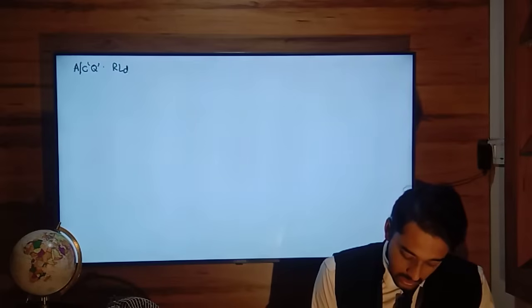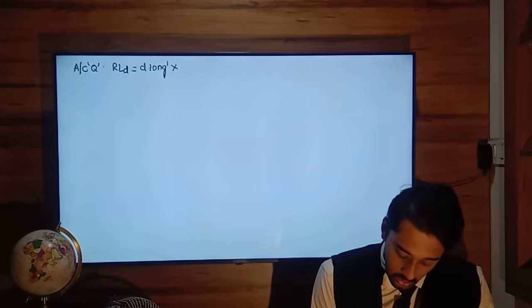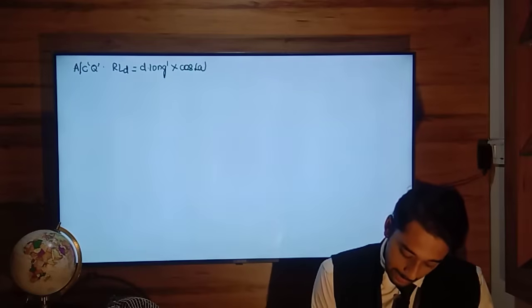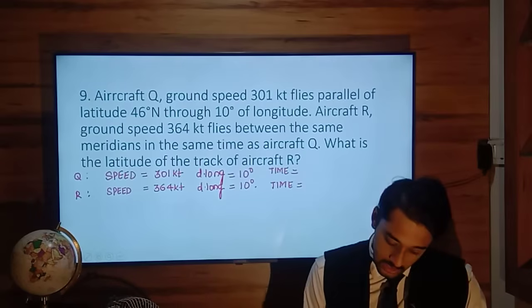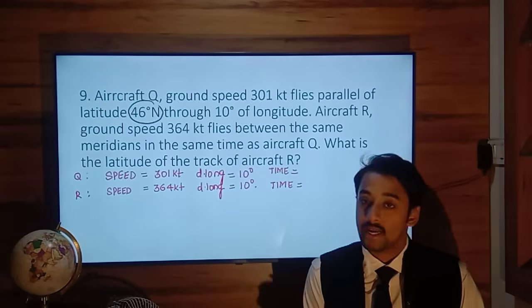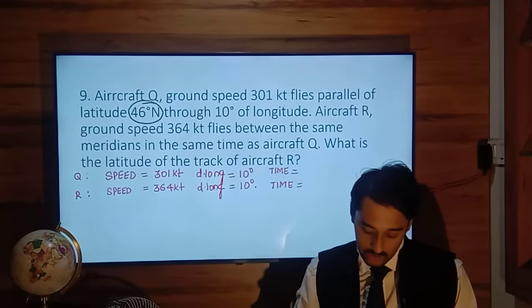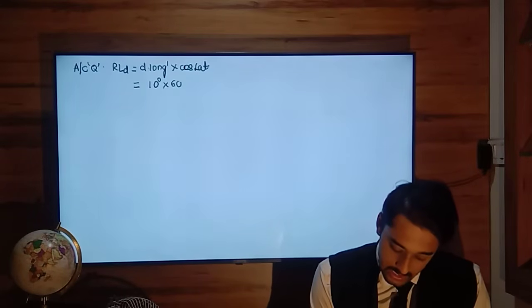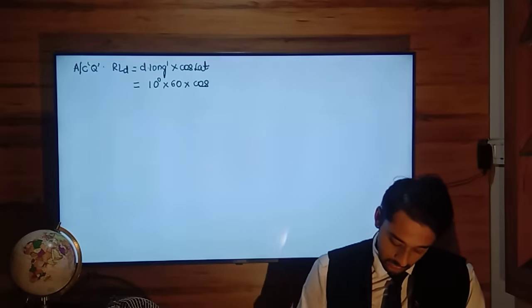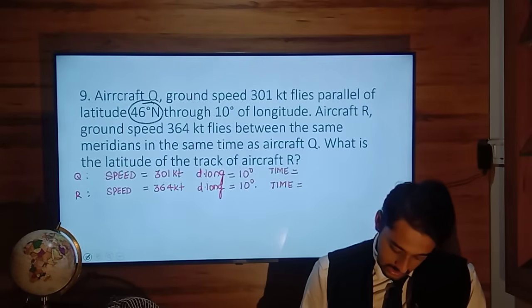So let's start. For aircraft Q, rhumb line distance equals d long in minutes times cos of latitude. Aircraft Q is at a latitude of 46° north. So d long, which is 10°, converted into minutes is 600, times cos 46.